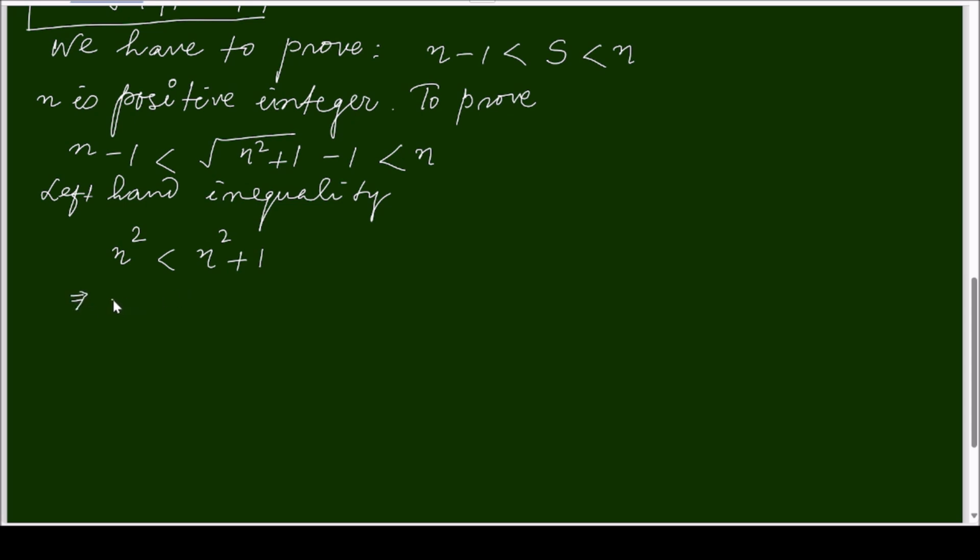So square root of n square, that is n, is less than or equal to square root of n square plus 1. Subtracting 1 from both sides, n minus 1 is less than or equal to square root of n square plus 1 minus 1. So the left-hand inequality is proved.